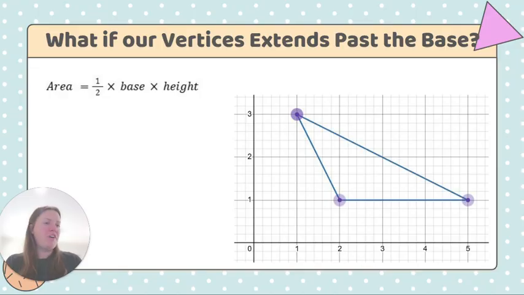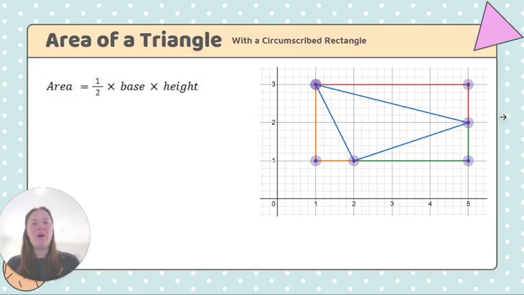We're going to do another funky example. In this example, what if all of our side lengths are on diagonals? Okay, if all of our side lengths are on diagonals, what we're going to do is what is called circumscribe our triangle with a rectangle. Now, as I mentioned before, triangles are usually half of a rectangle.